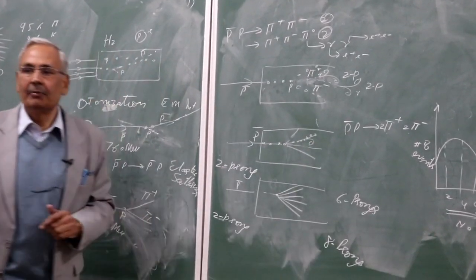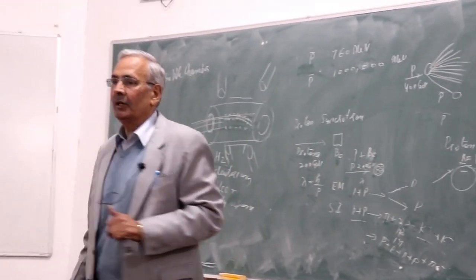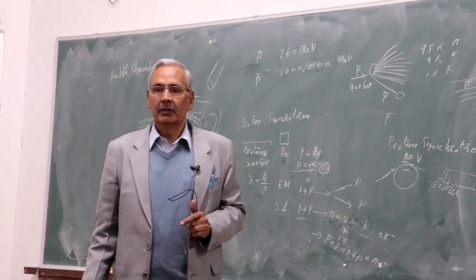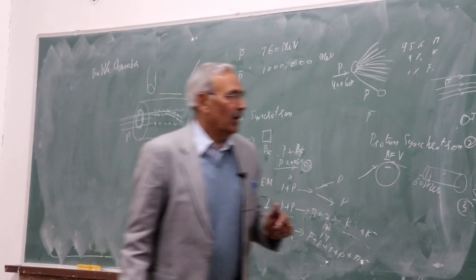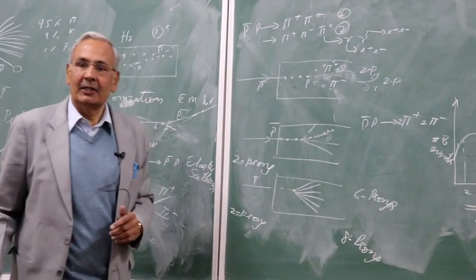Okay? And because its mass is very, very small, with low mass and high momenta, it will have a spiral trajectory. Okay? That can tell you even the direction from which the particle is coming.